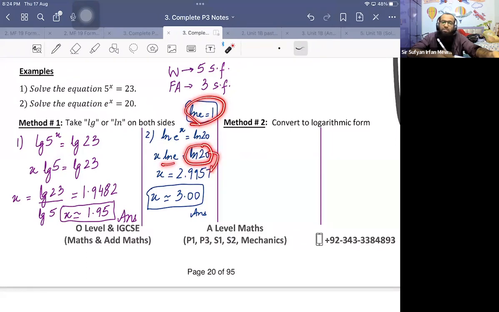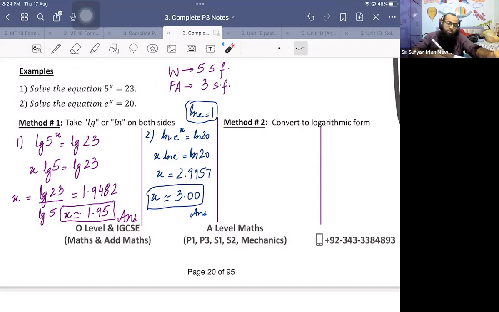There was no need to divide anything, we directly presented ln 20 as the answer. This is exactly what I'm saying, that there is no problem in taking LG. You can take LG as well, but ln is quicker because LGE is not 1, but ln e is 1. It will be quicker for you to use ln. Have I made my point clear? Have I made myself clear in this regard?